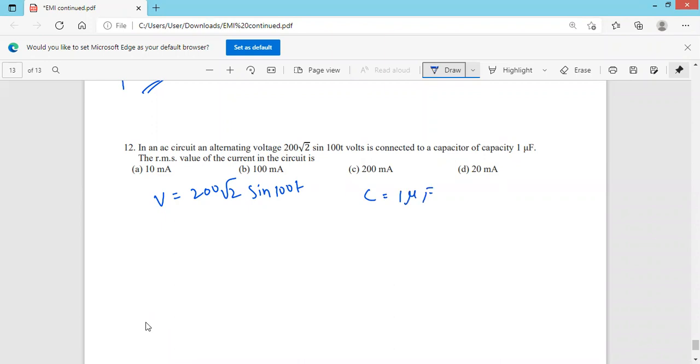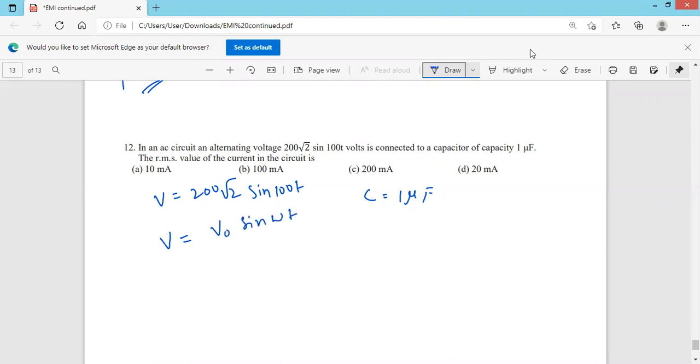Next, it's asking for the RMS value of the current. To get the RMS value of current, compare this equation with the standard equation V is equal to V naught sin omega t.